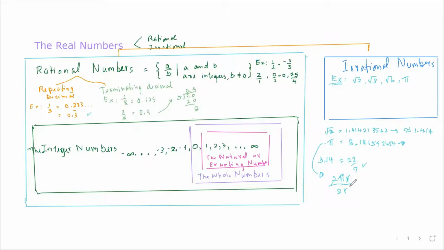So 2r cancels, and you get pi. So that's where pi comes from: the ratio of the circumference and the diameter. Most of you learned this already last year, and in this class I just want to review, okay?